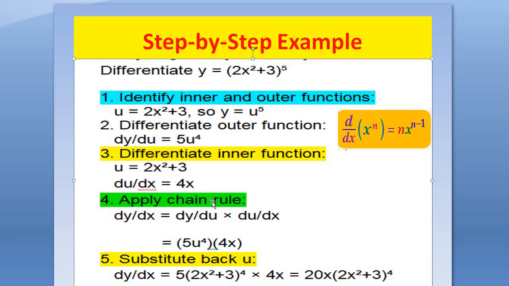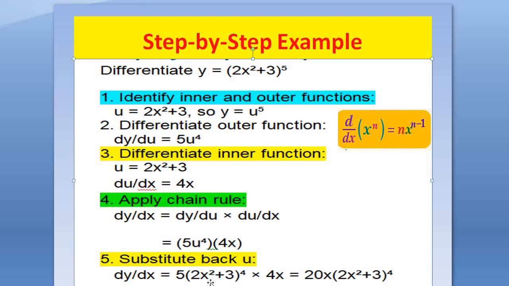Now we are going to apply the chain rule. What does the chain rule say? dy upon dx is equal to dy upon du, the first function which we supposed u, multiplied with the second function du upon dx. Now we have 5 u power 4, and this is 4x. Now we are going to multiply it, but we don't know u, so we go back and replace u by its original value, 2x square plus 3.